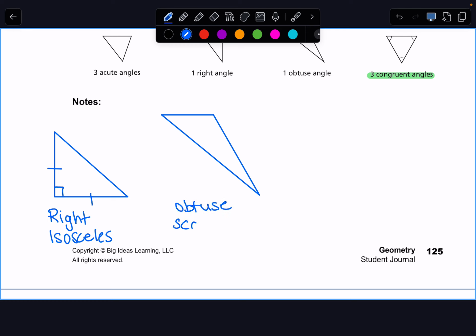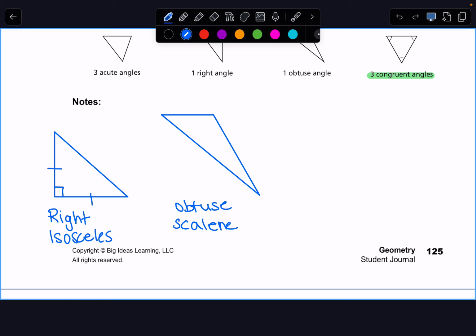Now, if the sides are not marked, we cannot assume anything congruent without the markings. So maybe you see something like this. That would be scalene for sure. But if there's no markings, we can't assume anything congruent. Do they have to be in a certain order?